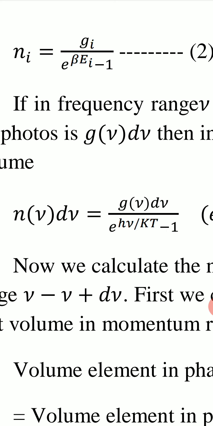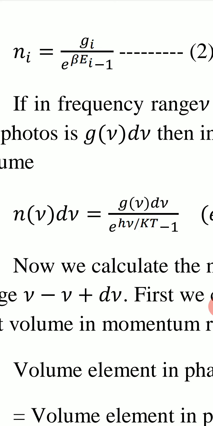So for Ni we write n nu d nu, it is the number of photons in this frequency range nu to nu plus d nu. And we consider this for unit volume. And then we write for Ei as h nu in this frequency range.